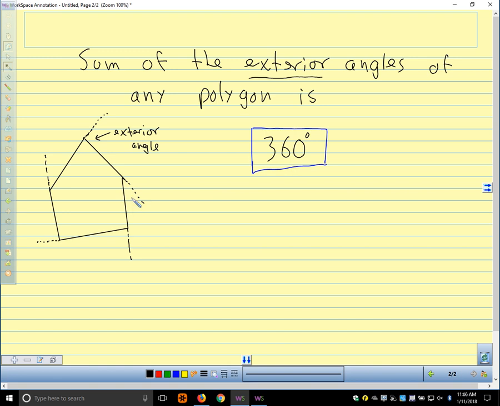This would be an exterior angle. This would be an exterior angle. So it makes sense that they would add up to 360, because if we think of starting at this vertex and walking along this side, we're going to turn through that exterior angle, walk along that side, turn through that exterior angle all the way around, so we end up facing back the same direction that we started. So we've turned through 360 degrees.